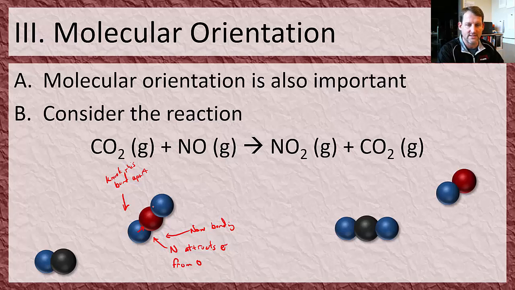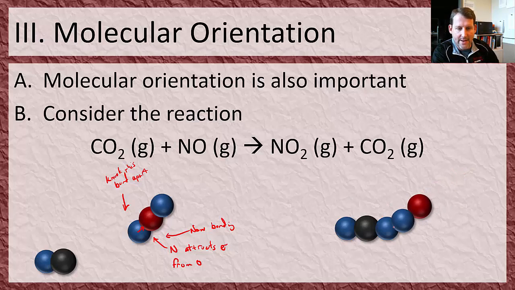Let's look at one that wasn't successful. So we have our CO2 still here, and we have our NO, except now the orientation happens to come in so that it's oxygen to oxygen. So when this collision happens, this bond is going to get destabilized by the collision. This part is going to be true over here as well. The problem is this other part isn't true.